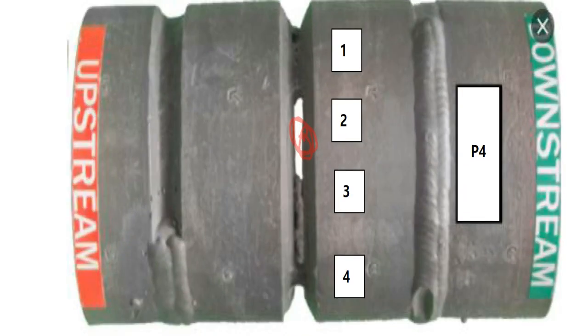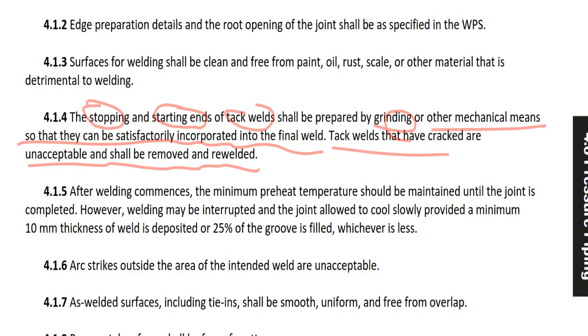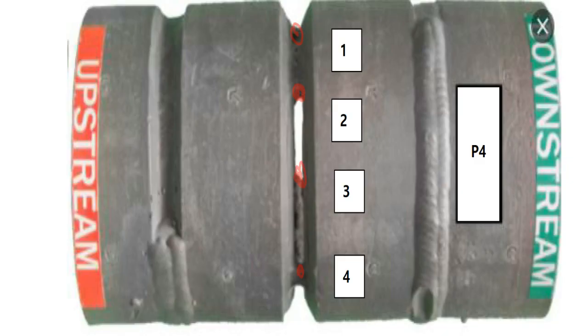Something like this is the tack weld, and the endpoint, the stop and start points of the tack weld, shall be ground or treated by other mechanical means. And if there is a crack in the tack weld, that's a reject.